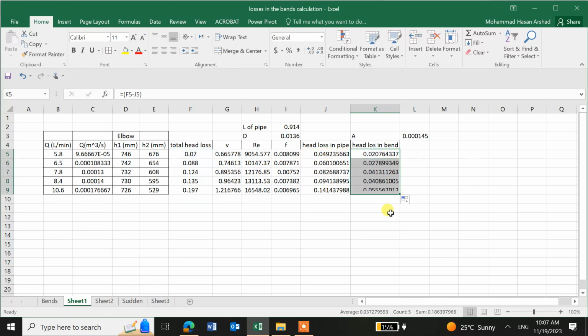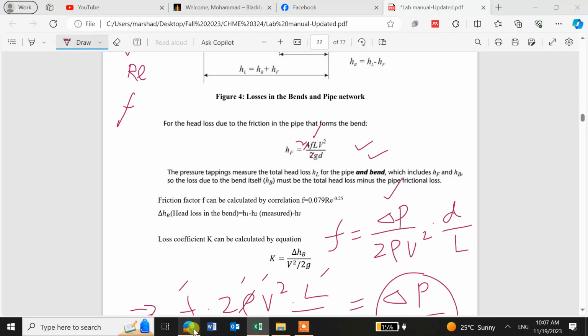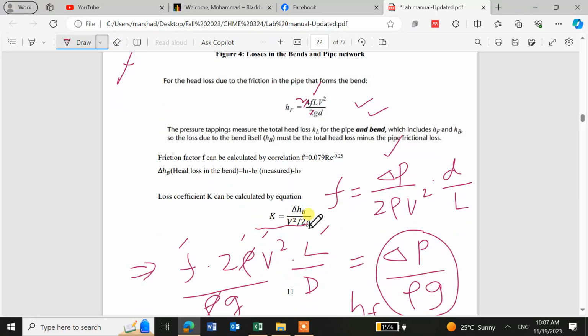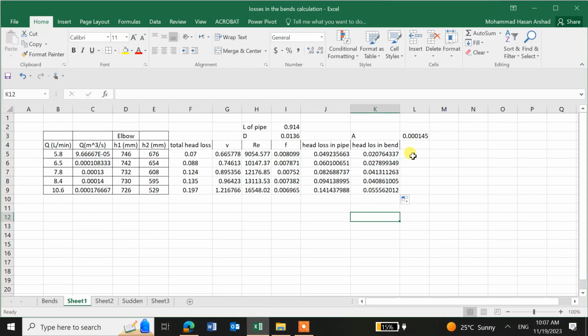So this is delta H in the bend. Then we need to find K, right? This is K: head loss in bend divided by V square over 2g.